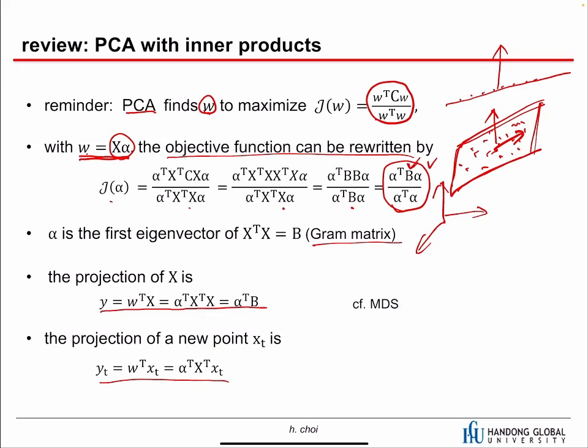If we use a kernel function instead of just the inner product in the data space, that is, instead of applying this inner product in the data space, we apply this inner product in the feature space with the nonlinear function phi, then we can use the kernel instead of B. That is kernel PCA.